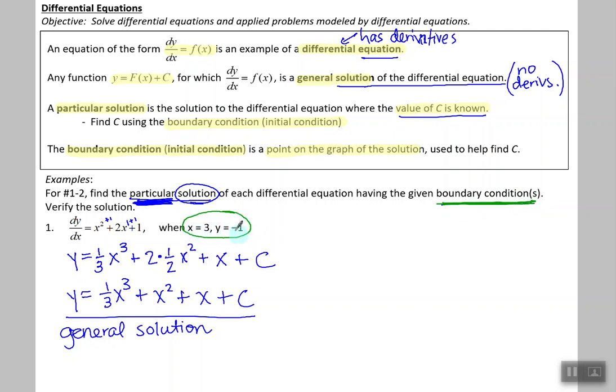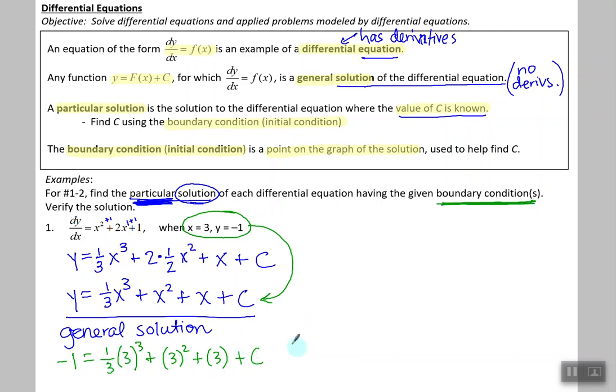When x equals 3, y equals -1, we plug this into the general solution. y is -1, so I plug -1 in for y. When x is 3, 1/3 times 3 cubed plus 3 squared plus 3 plus c. Notice how c is the only unknown left. I can solve for c from this equation.